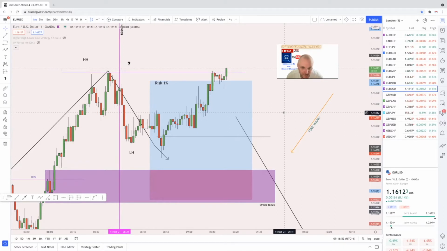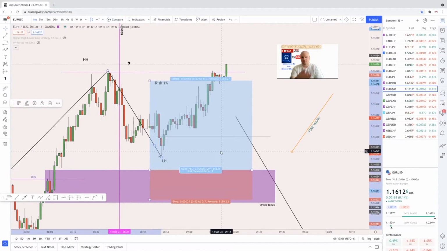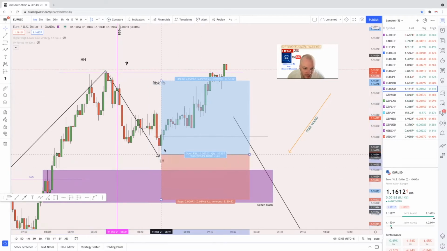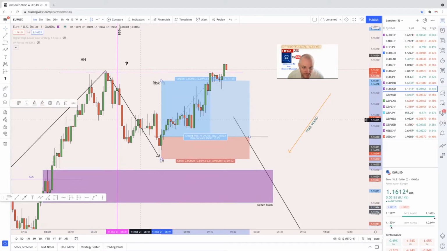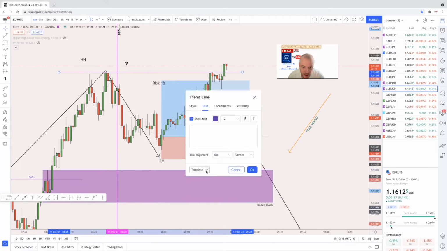So this is your low at the moment. So that's certainly a closer candle. We are now moving this to here. We move it up. This then becomes a break of structure.